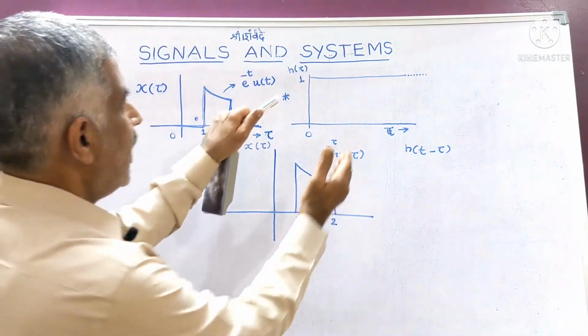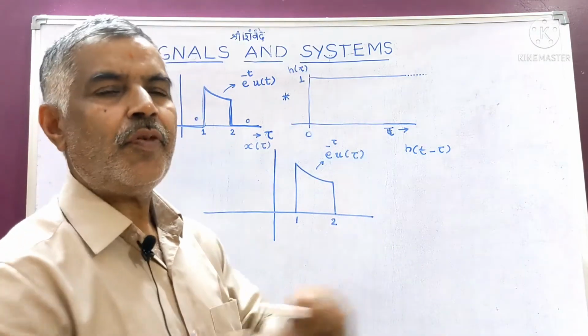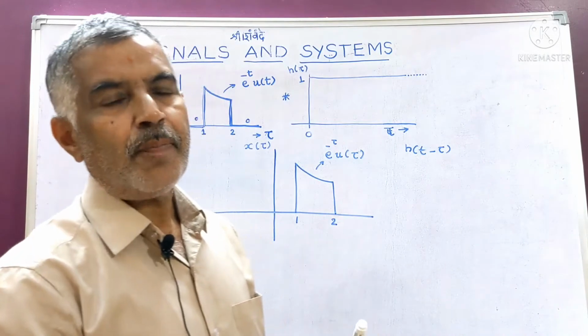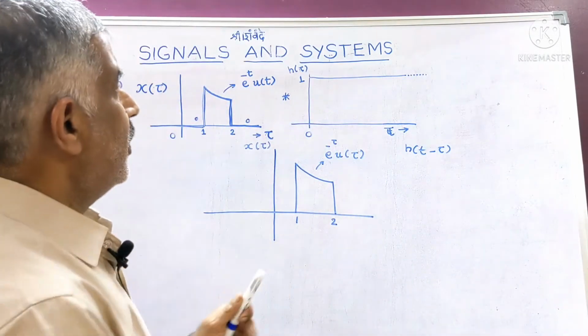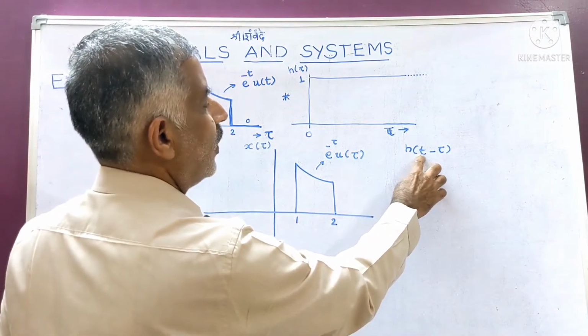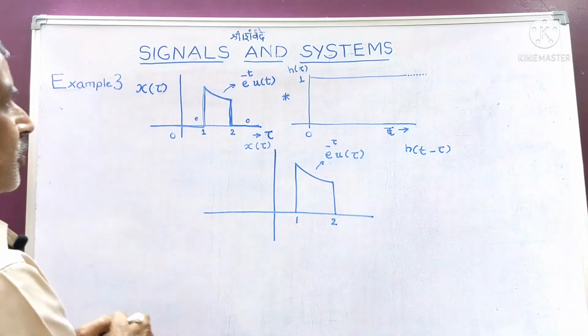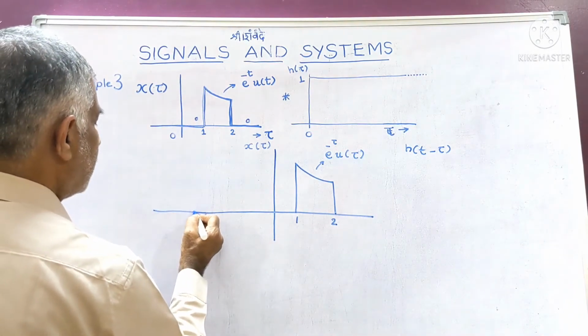So take a mirror image of this. After taking the mirror image, you shift by t units. Plus t means it is to the left, by t units. Then you are going to get h of t minus tau. Now I will sketch h of t minus tau.